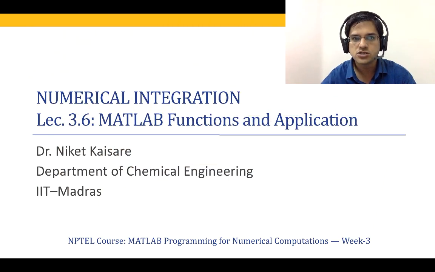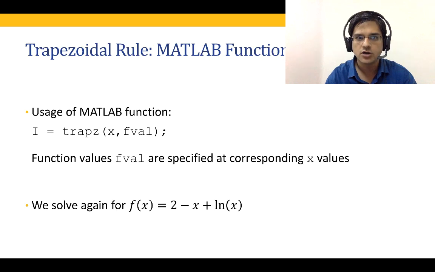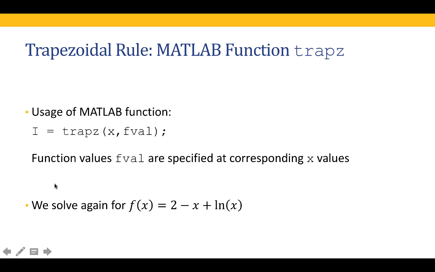Today, we are going to use a MATLAB function called trapz in order to compute that integral using the trapezoidal rule. The usage of this MATLAB function is I equals trapz(x, fval), where x is the independent variable and fval is f calculated at those various values of x. x in this case is going to be an n+1 dimensional vector, and fval also is an n+1 dimensional vector, such that the function values fval correspond to the x values.